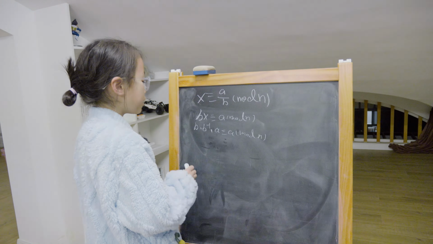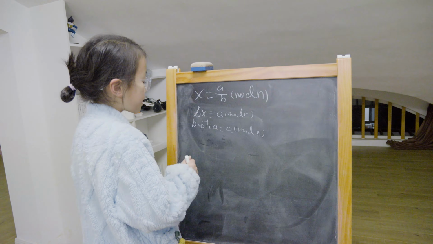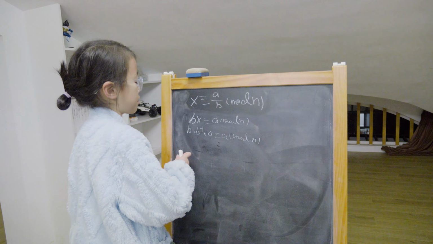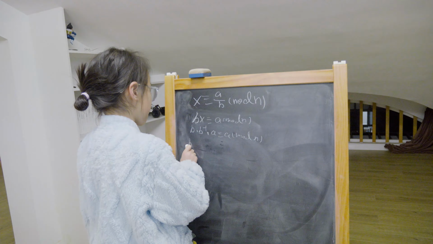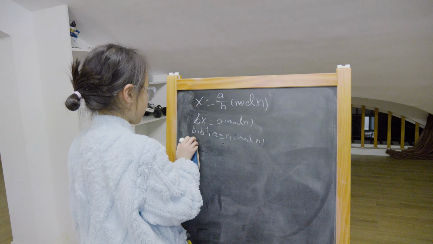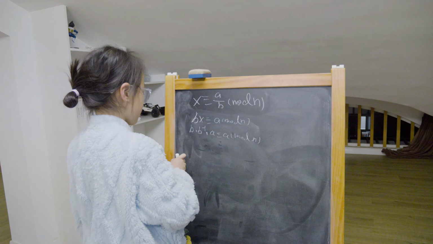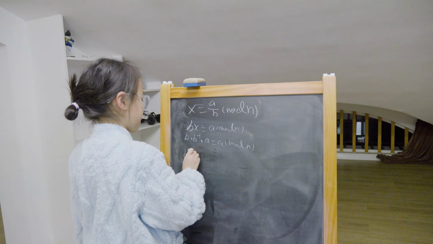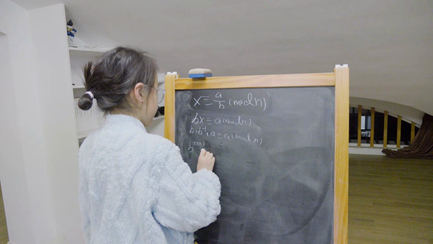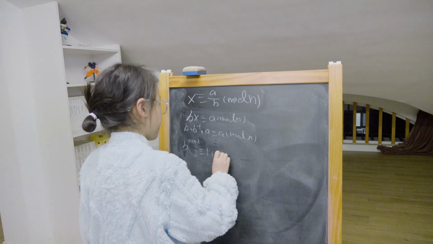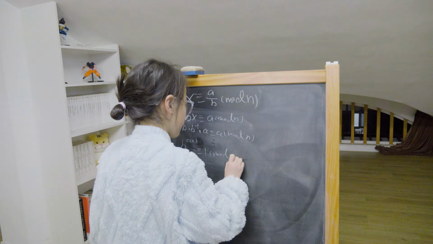Now let me prove something else. We write down Euler's theorem: b to the phi of n is congruent to 1 mod n.